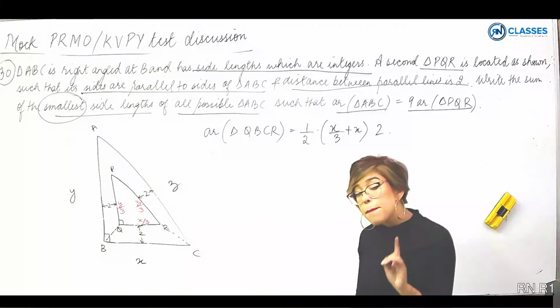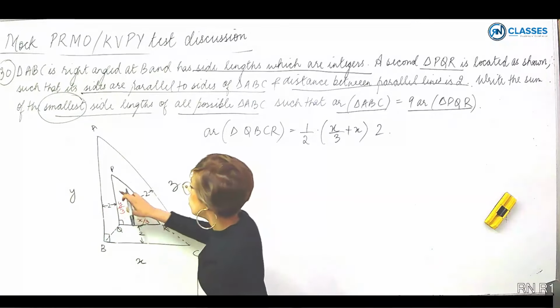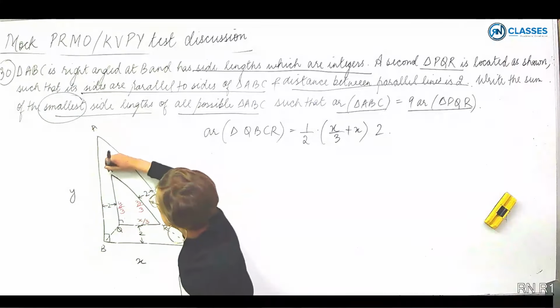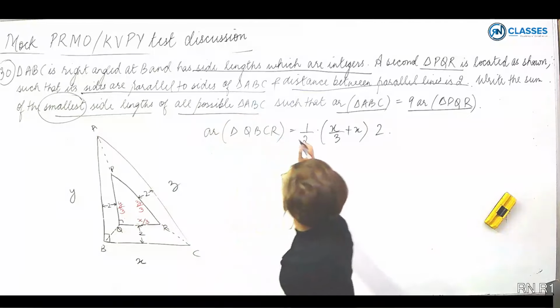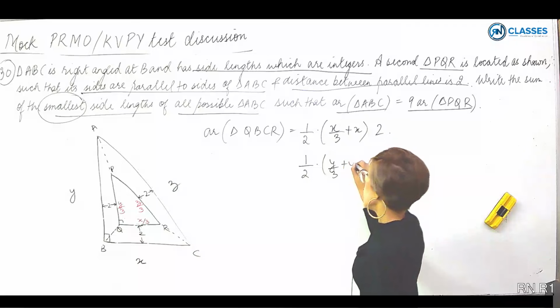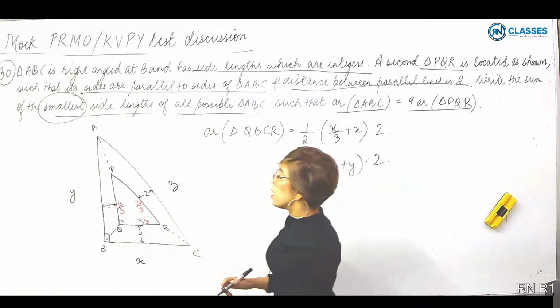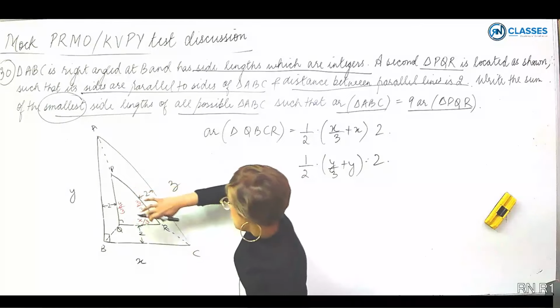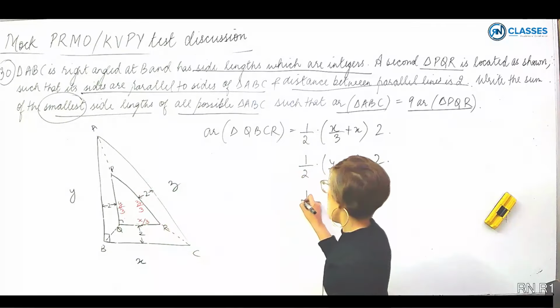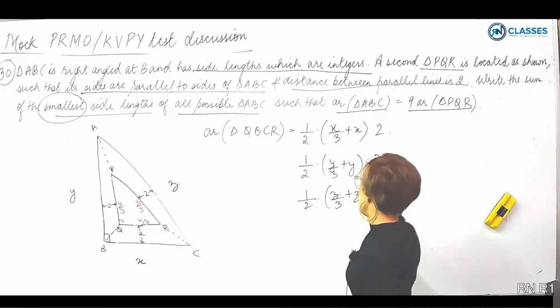Right? I might be able to use this. Now, since I have to use this as well, I can talk about the trapezium PQBA. It will turn out to be half into y/3 plus y into 2. Then I can write the area of this trapezium APRC, which is half into z/3 plus z into 2.